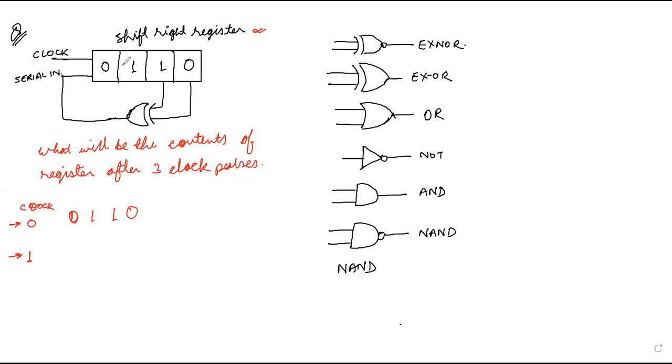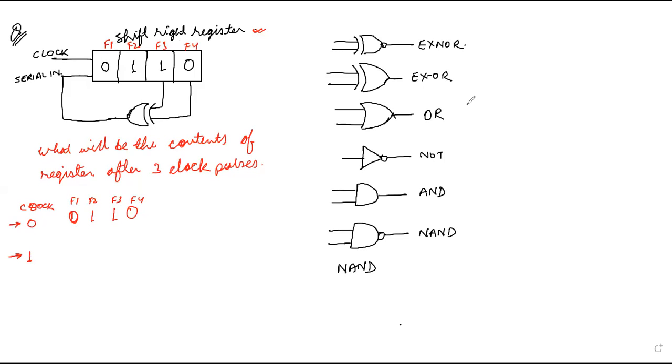This is a 4-bit shift register, so obviously it will require 4 flip-flops. I am writing them as F1, F2, F3, and F4. Now one by one, please tell me what will be the content of register F1.